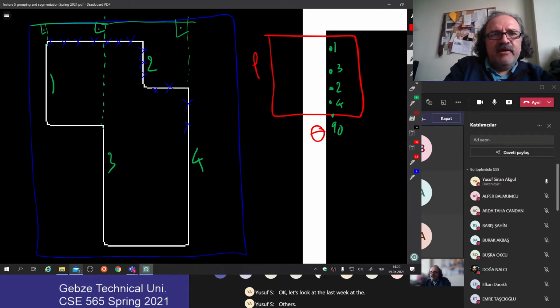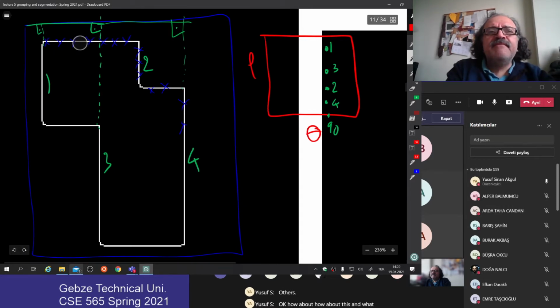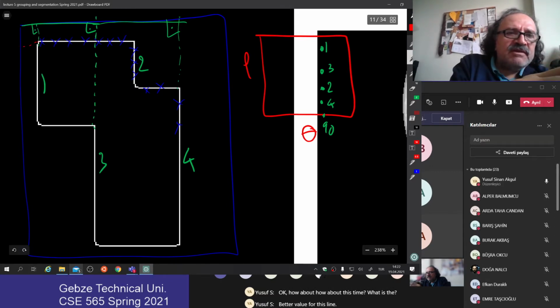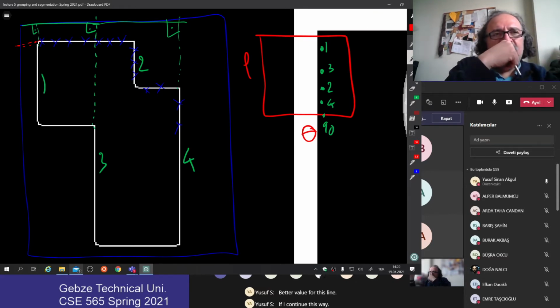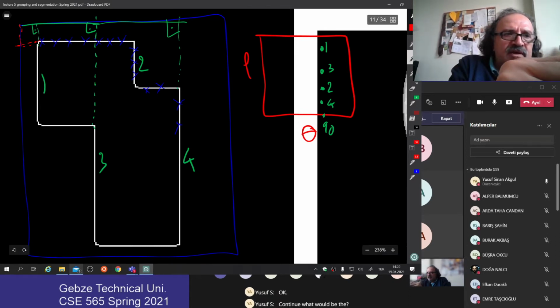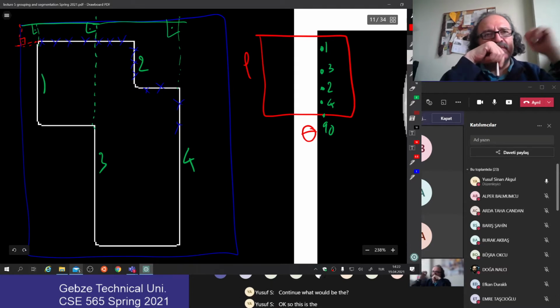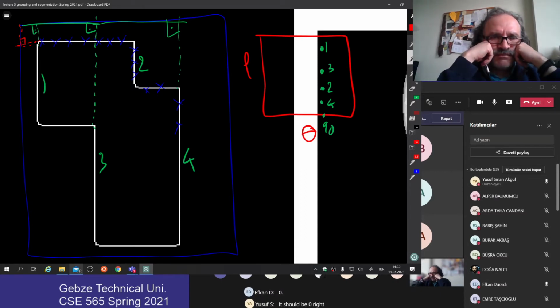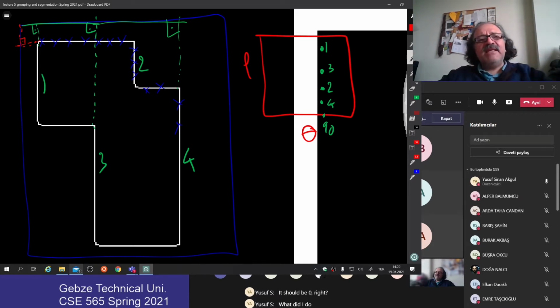Okay, let's look at the others. How about this line? What is the theta value for this line? If I continue it this way, okay, so this is the right angle. It should be 0, right? Why did I make a mistake in the previous one?